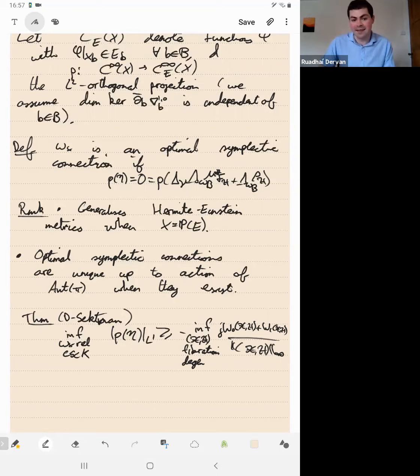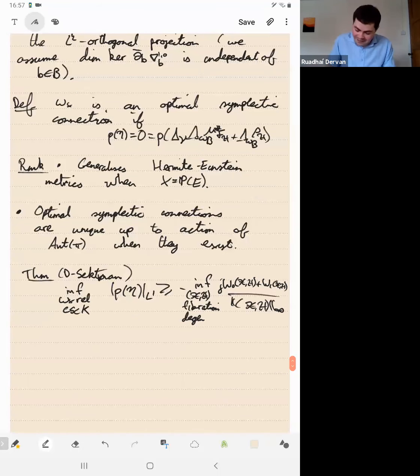These on the right-hand side, though they may not appear so, are all completely purely algebro-geometric quantities. And the point is that the left-hand side is independent of J, the right-hand side isn't. So you get the results that I actually stated earlier.